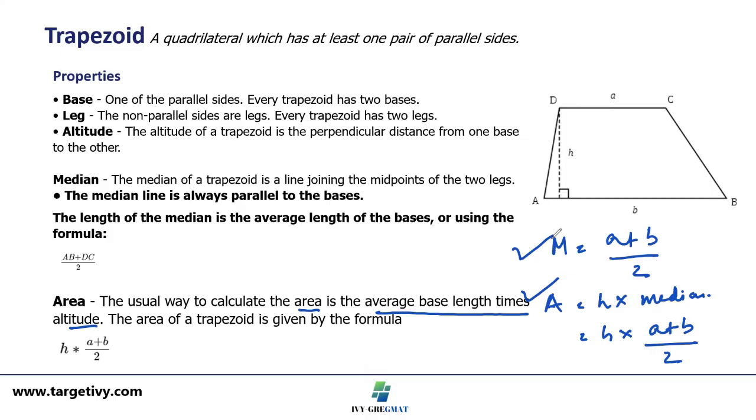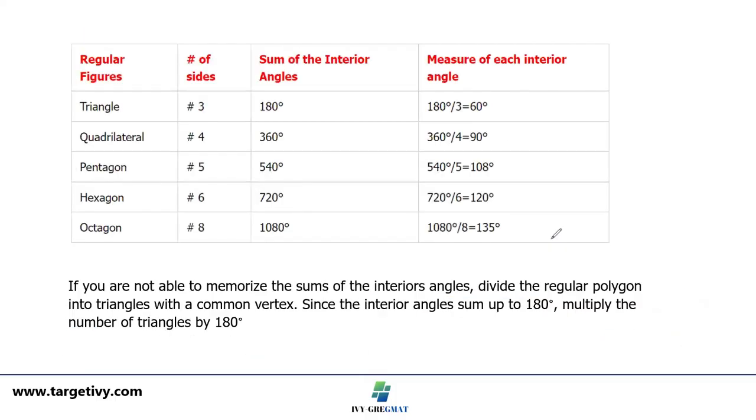For our understanding's sake, something we may remember, we may not remember, so better to remember. It's a few points here. These are the regular figures and these are the number of sides. A triangle has three sides. The sum of the internal angles of a triangle is 180. Again, 180(n - 2) is the sum of the internal angles.